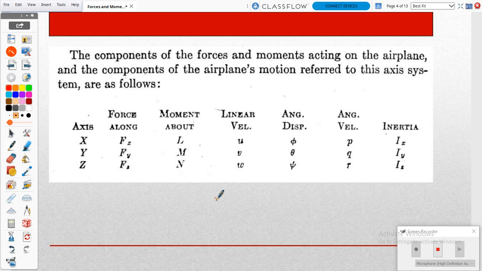We need to list out these for each axis.